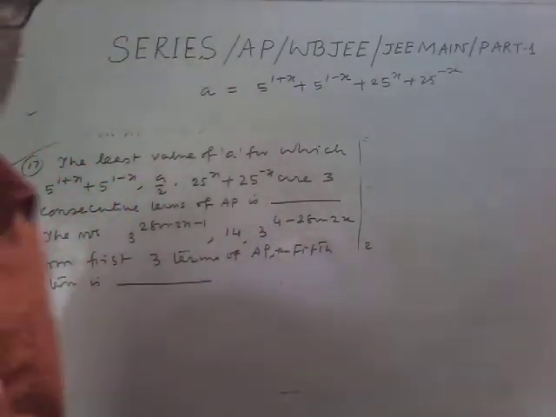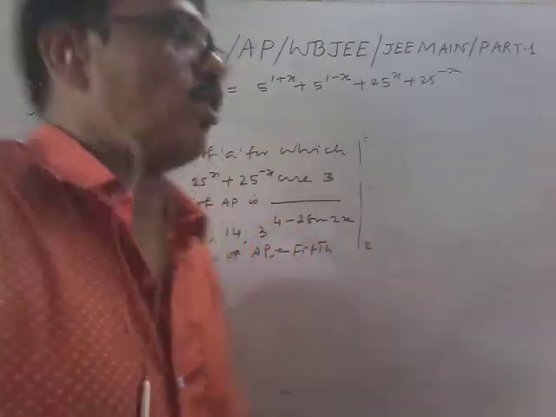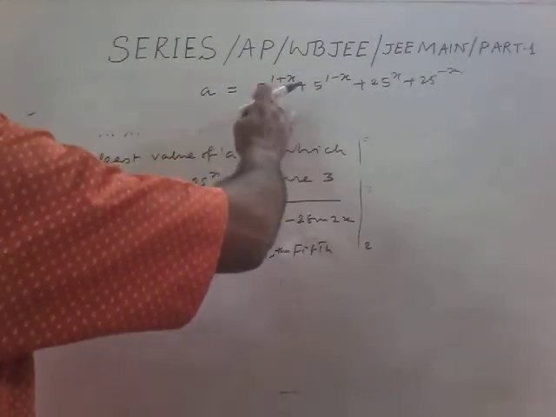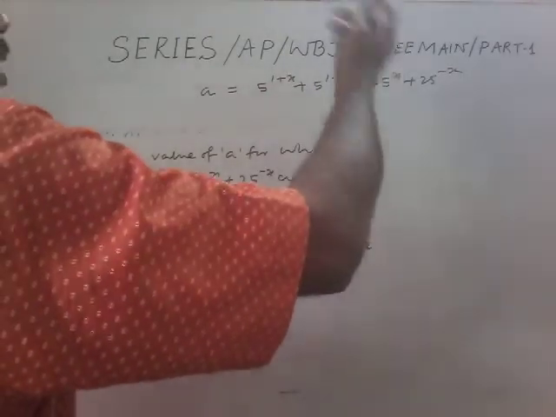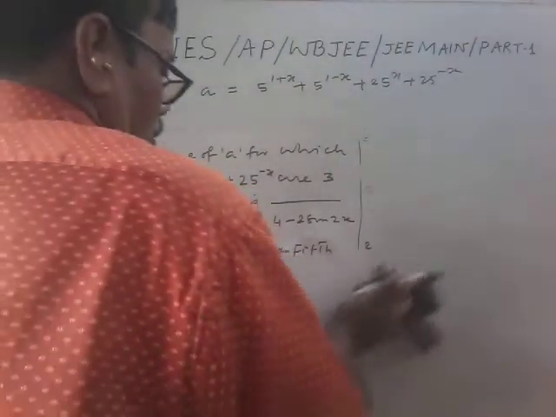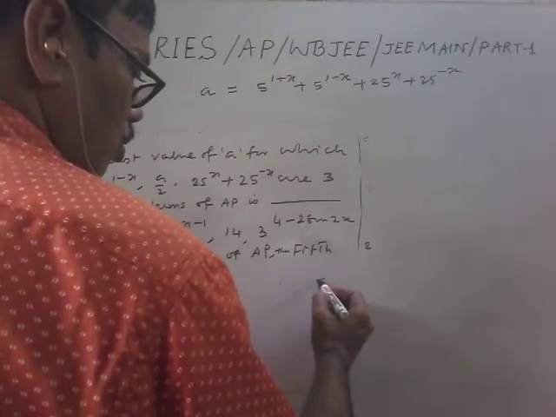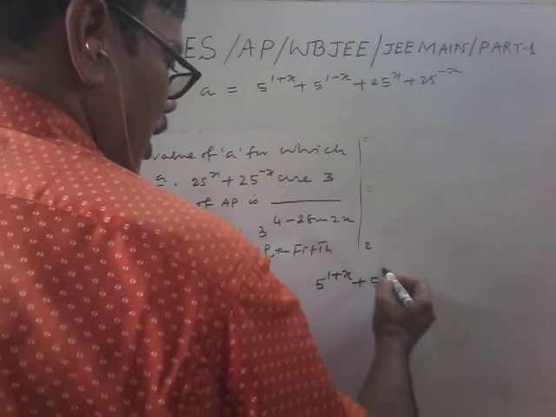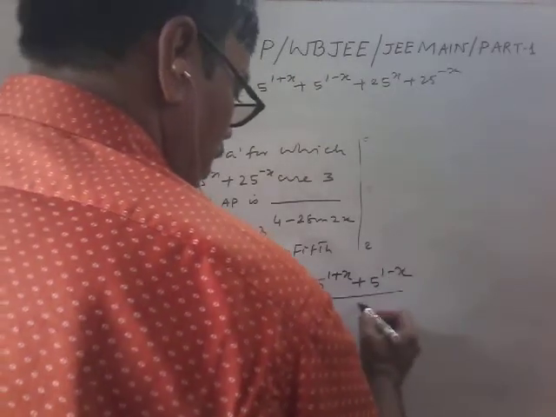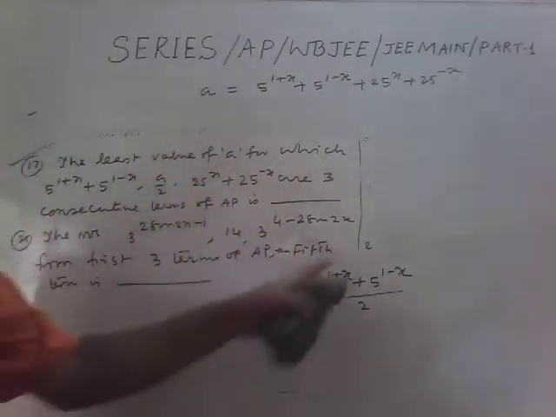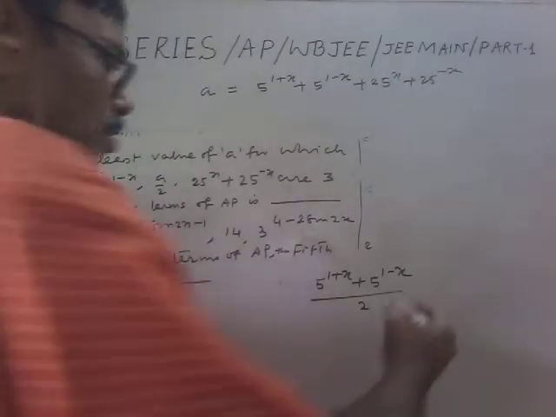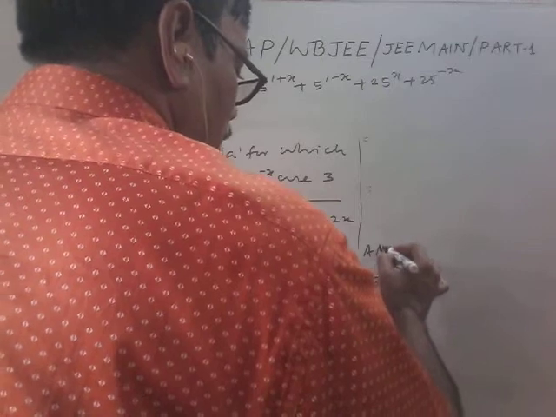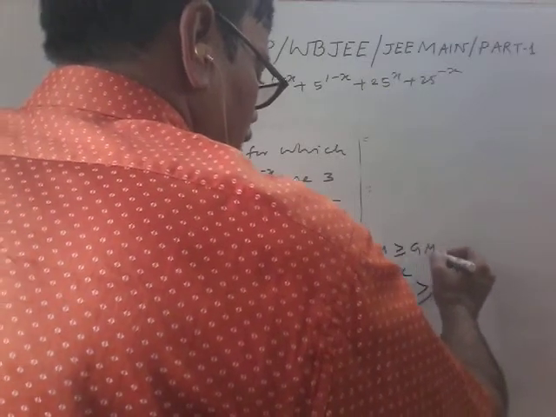Now we have to find the least value of this. Now we can use the result of AM greater than GM also. So we know, look, if we take 5 to the power 1 plus x, this is a and this one is b. So arithmetic mean is this plus this by 2, and geometric mean, AM greater than or equal to GM.